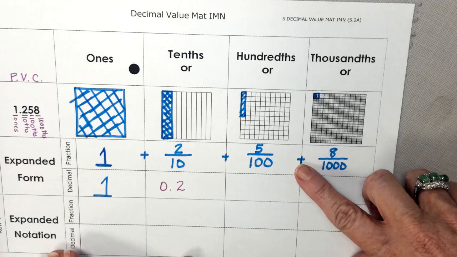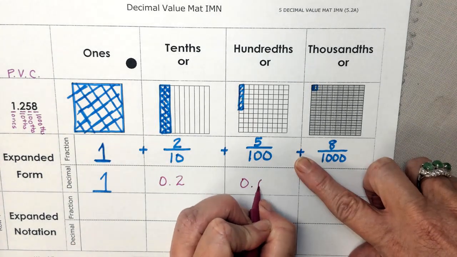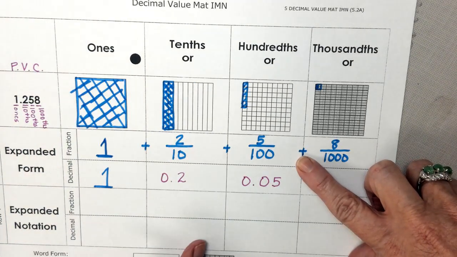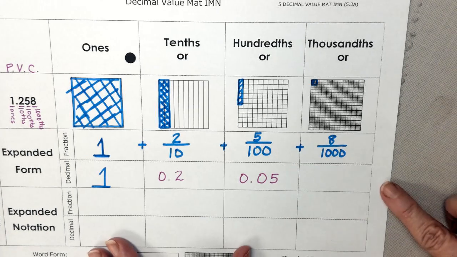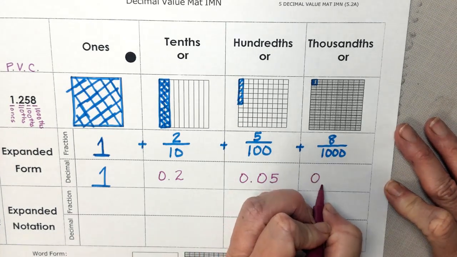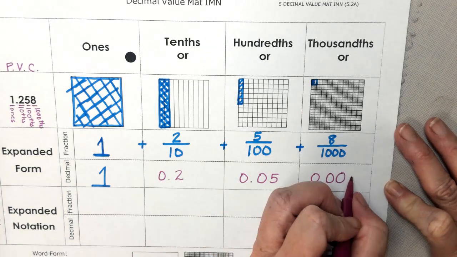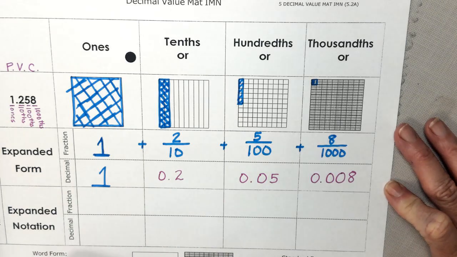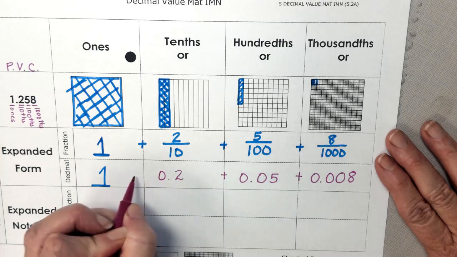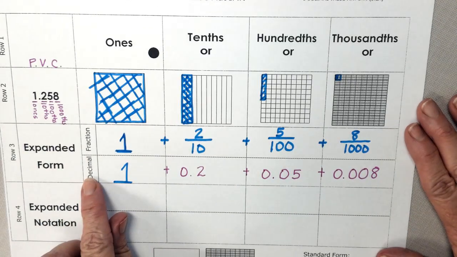If I go back to this picture, I have 0 ones, I have 0 tenths, but I have 5 hundredths. And if I go to this third picture, I have 0 ones, I have 0 tenths, 0 hundredths, but I have 8 thousandths. And then again, I can just put in my addition symbol. There is my expanded form and decimal form.